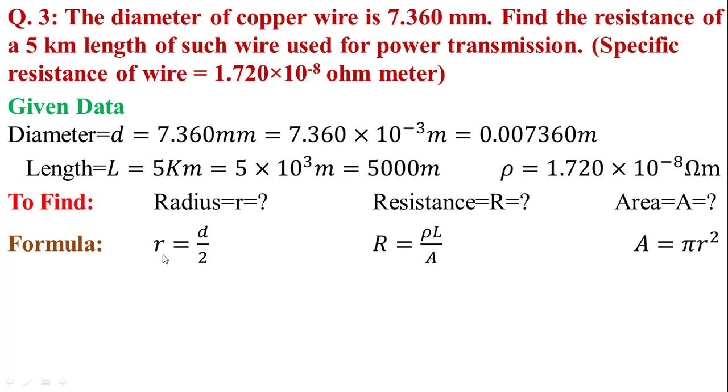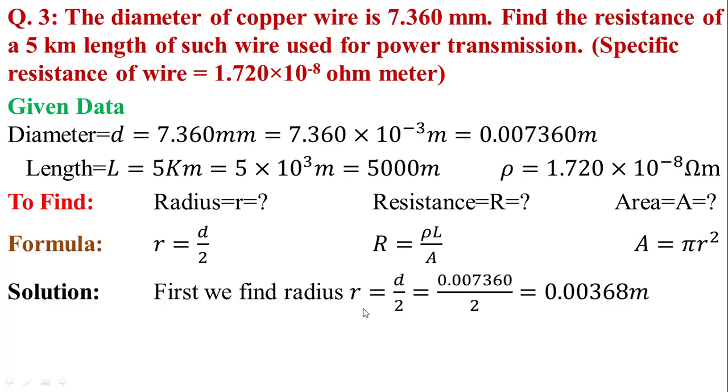So we know that R is equal to D upon 2 and resistance of wire R is equal to rho L over A. Now we can find the area. Area of wire using the formula A is equal to pi R square. First of all we find the radius. Then R is equal to D upon 2.